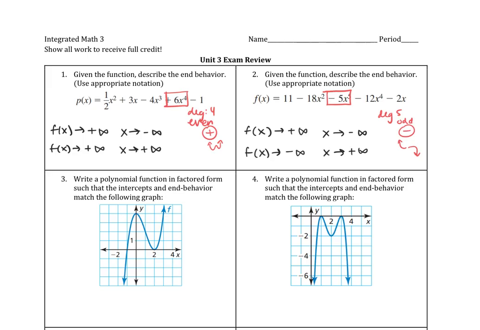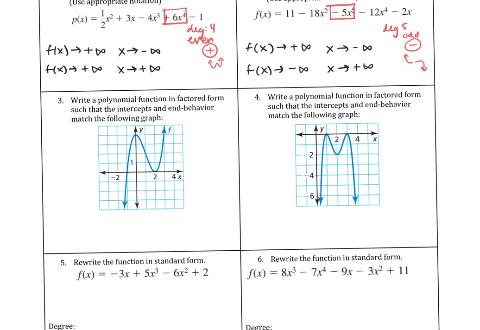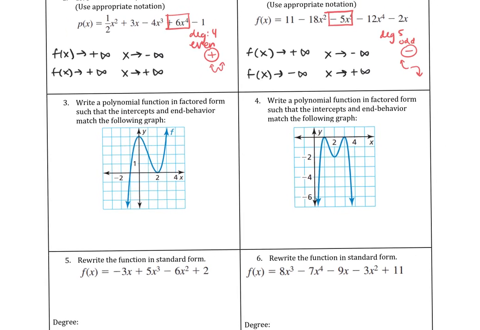All right, for number 3, it says write a polynomial function in factored form such that the intercepts and end behavior match the following graph. Okay, so we don't necessarily have to worry about what the a value is, but I see right here I have an intercept at x equals -1, so that's a factor of x plus 1. And I see I have a factor here at 2, which is x minus 2, and that has to be at least degree 2, okay?